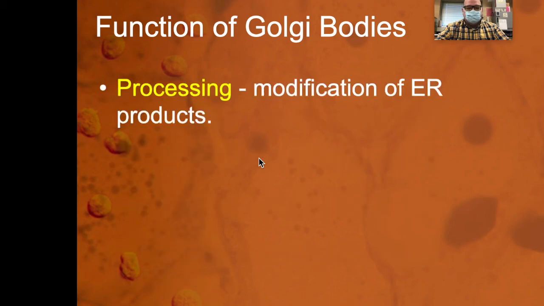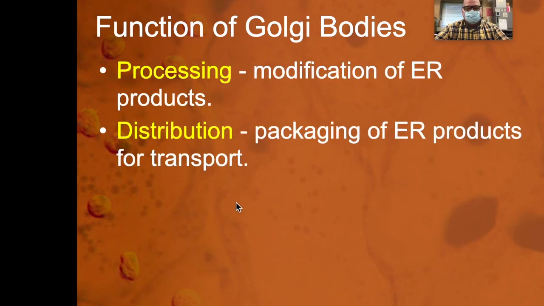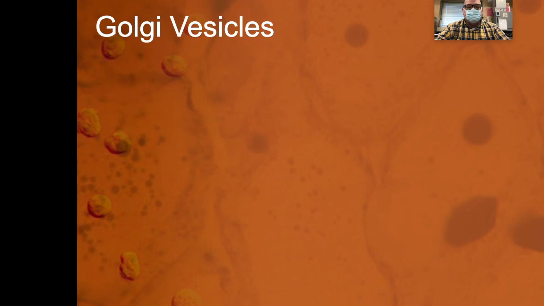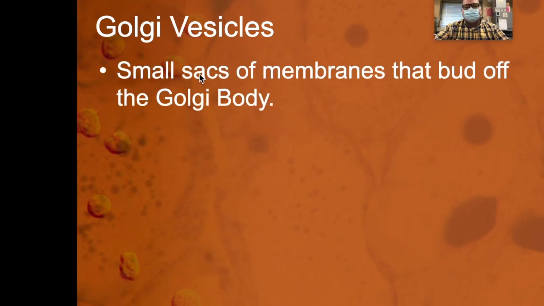All right, is that too fast? Okay, moving on. So the Golgi makes its own little vesicles that sort of squeeze off from the main Golgi. Okay, so these will pop off, and it kind of looks like this.